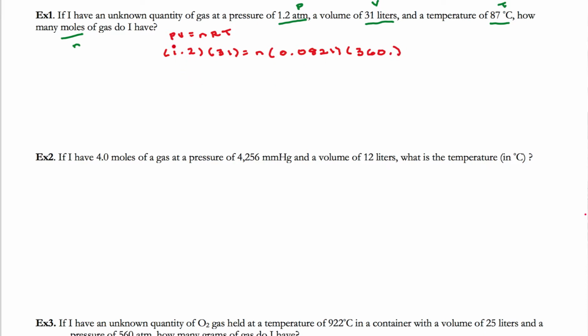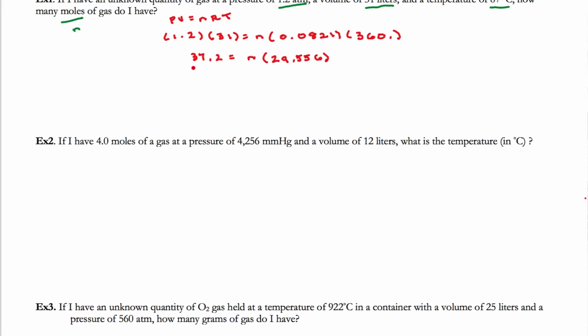Okay, so what am I going to do? I'm going to first multiply out. So I've got 1.2 times 31, and what I get here is 37.2. So 37.2 equals my number of moles times, I'm going to take 0.0821, and I'm going to multiply by 360. And what I get here is 29.556.